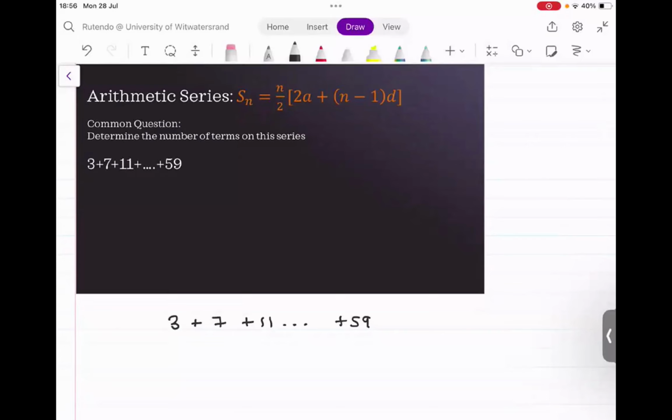I know my formula. Let's first find the difference between these terms: 3 and 7, and 7 and 11. That gives me 4 and 4. And I know my first term, so I know my a is 3. So can I not put in 59 at the end of my sequence? Not 59, sorry.